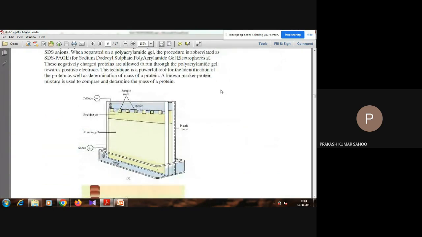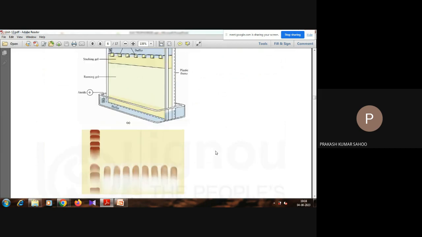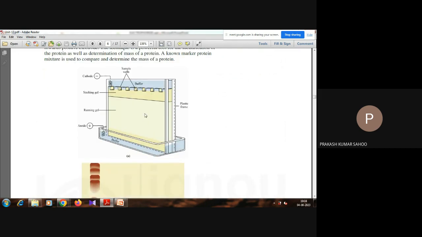And then we have the schematic diagram of PAGE gel electrophoresis, a typical PAGE gel after Coomassie staining. We have the same process here. The buffer is at the bottom.